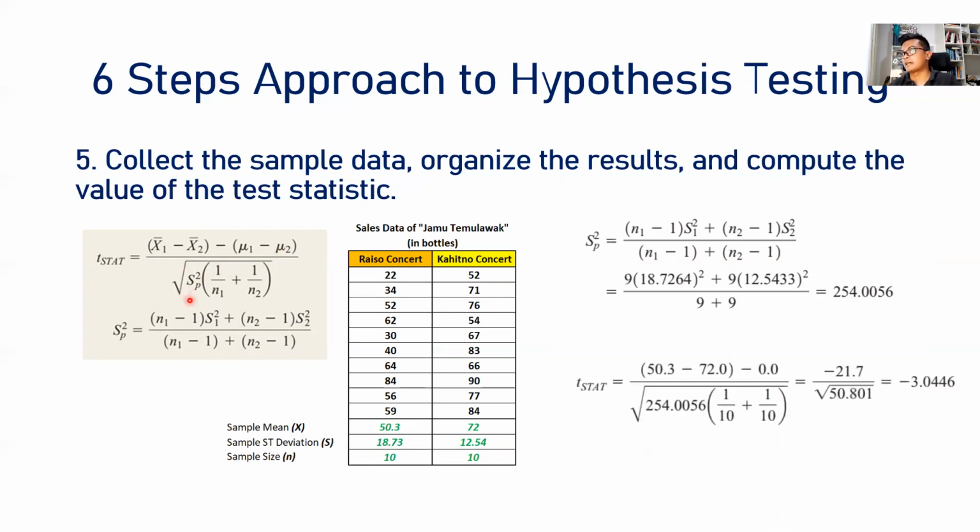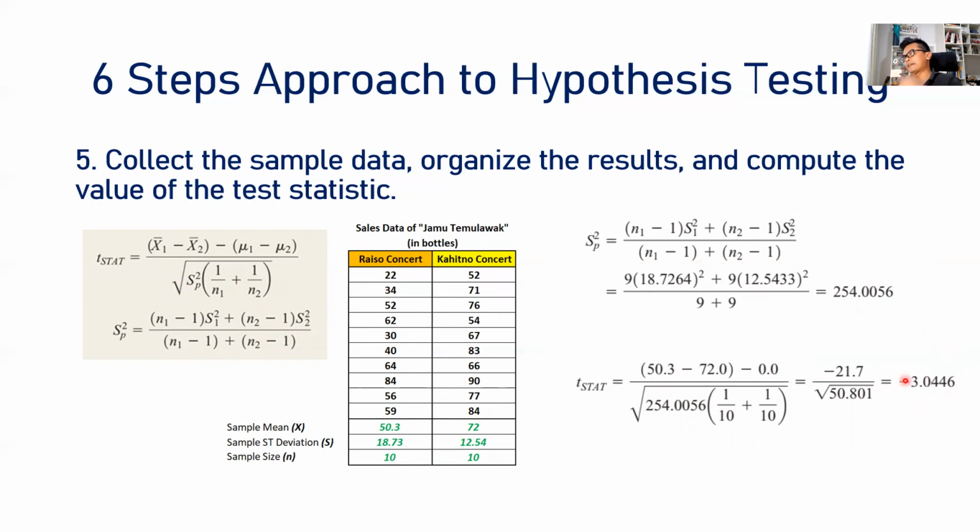Easy, using this formula. For x1 bar, it's 50.3 here. x1 bar minus x2 bar, this is 72, minus the hypothesized difference between the mean value of population 1 and population 2, which is 0, because it is assumed as similar, divided by the square root of SP squared. SP squared, we have a value here, and then we pull it here, multiplied by 1 per sample size, 10 and 10.